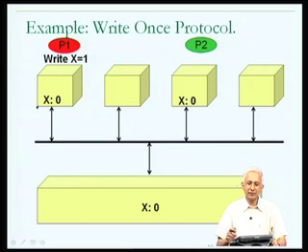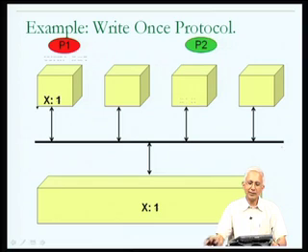In writing x, what the write-once protocol will do is cause the cached copy of x to get modified to 1. It will also cause the main memory copy of x to be updated. Now, when the main memory copy of x gets updated, that can only happen by a bus activity, an operation across the bus.